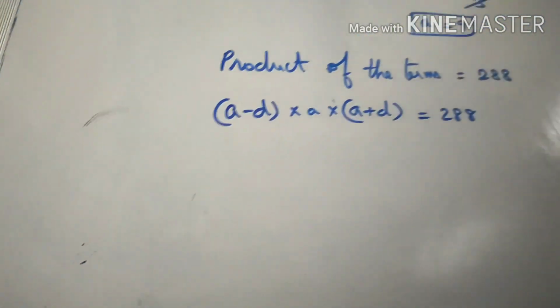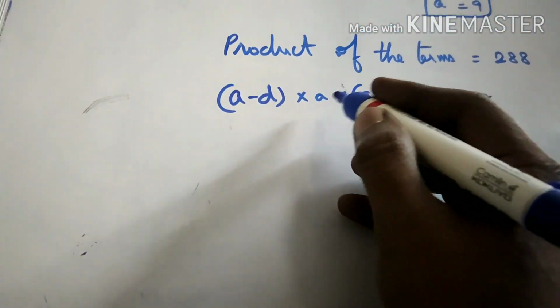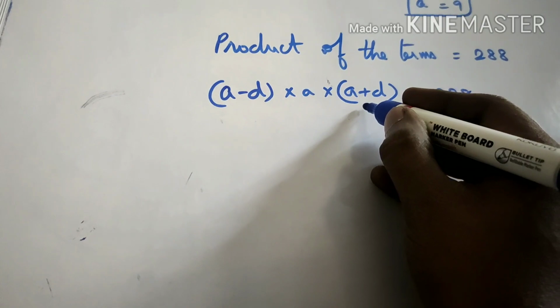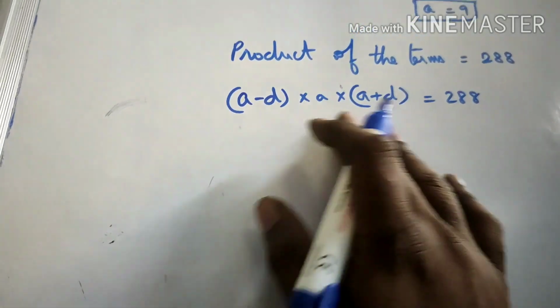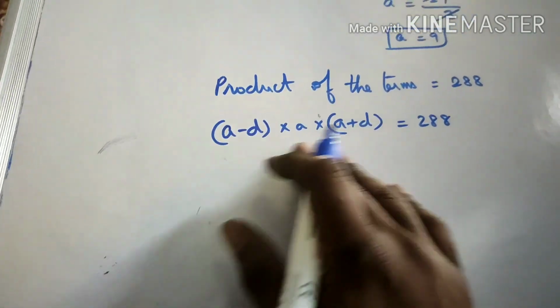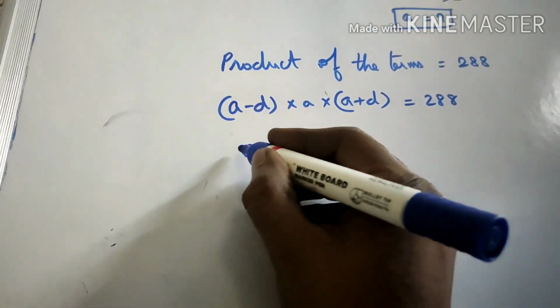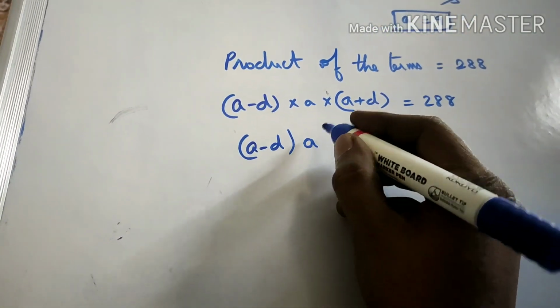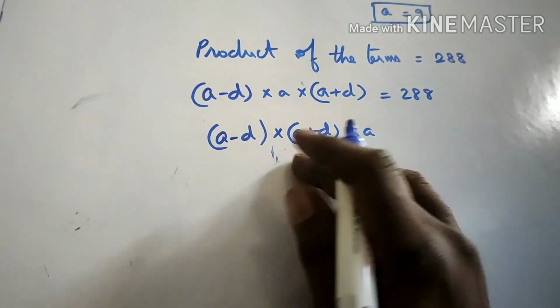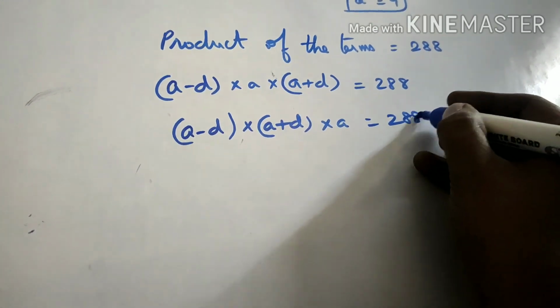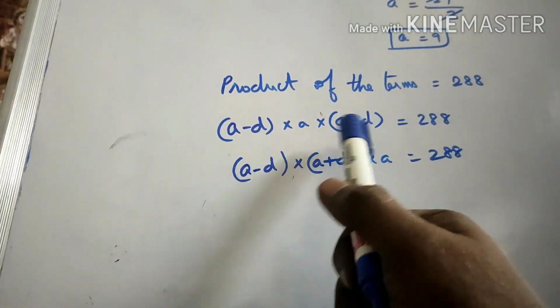Now see here, I am making just an adjustment in this order. That is A minus D into A plus D into A. I have only changed the order, that's all.